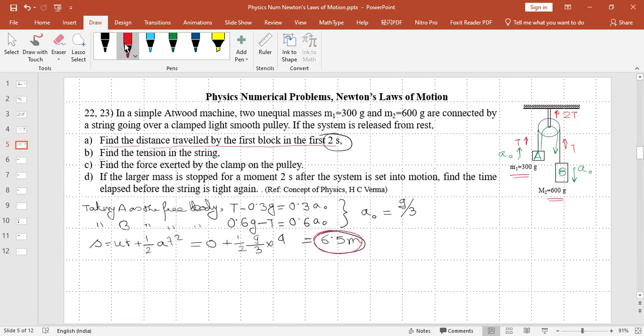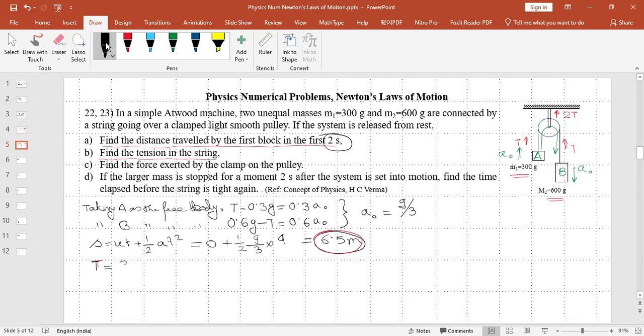Second question is, find the tension in the string. Since a0 is known, g by 3, from any one of the equations you can find out T. I am not doing this because it is unnecessary deduction and will take a lot of time.